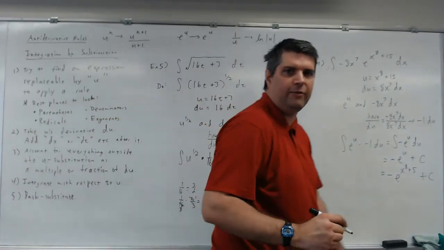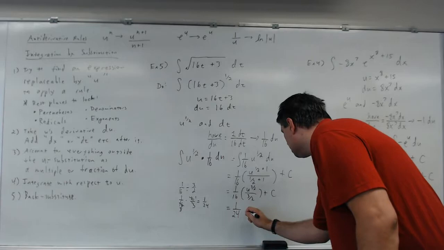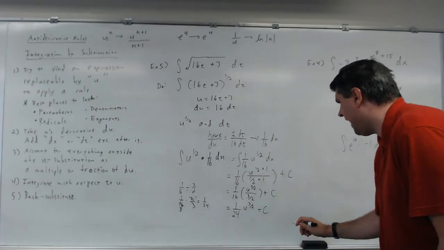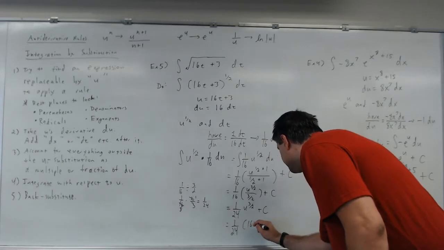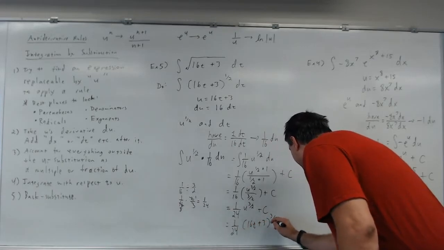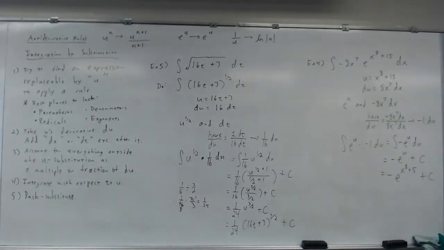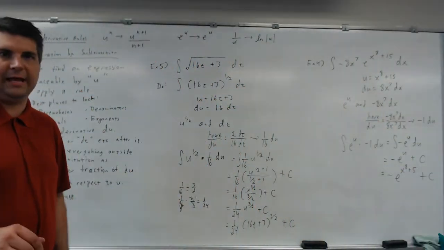So what we will have is 1/24 u to the 3/2 plus c, which I'm going to go ahead and convert as 1/24 times 16t plus 3 to the 3/2 and then plus c. So you guys can compare example 4 and example 5, and then I'm going to pause the video again and set up another example.